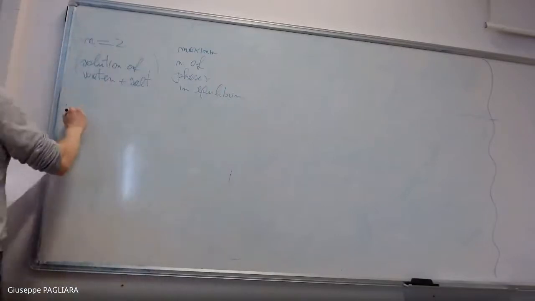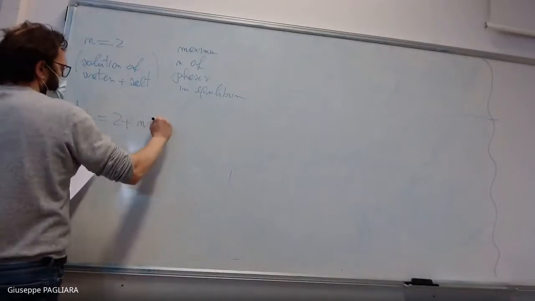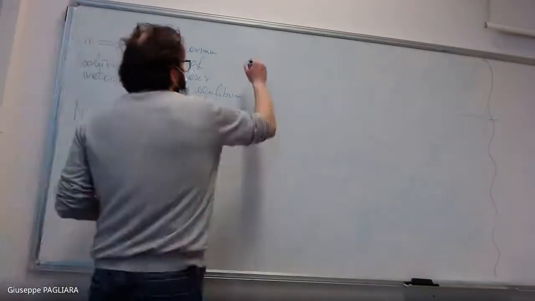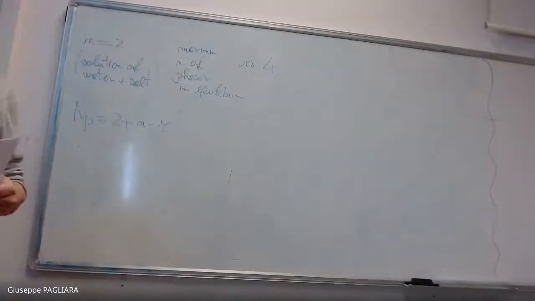So let me write down again the equation. Np is equal to 2 plus n minus r, is 4. No? This is not a triple point, this is a quadruple point.